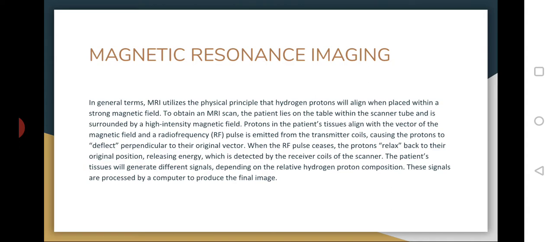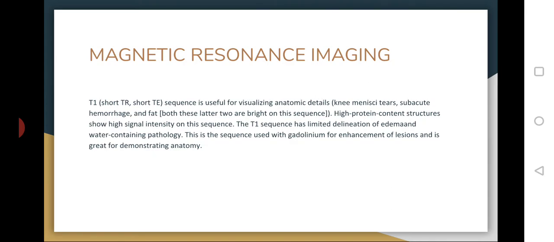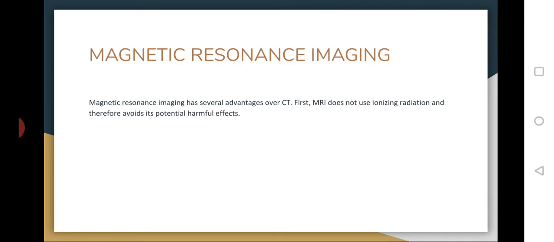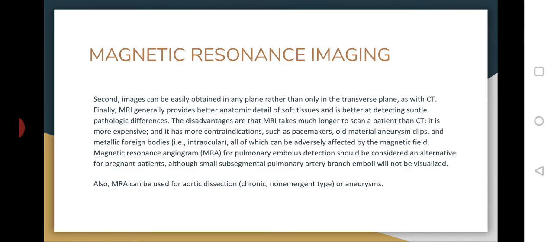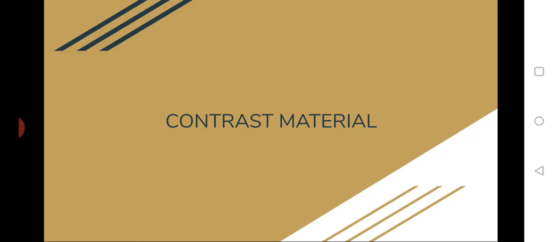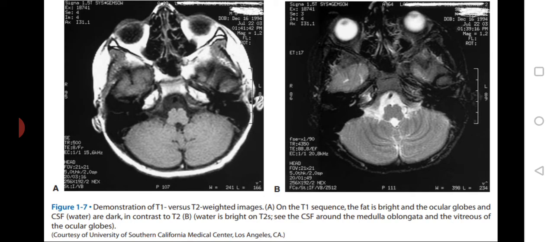The biggest problems with magnetic resonance: there are three. First, it's very expensive. Second, it's slow. And third, it is not very good at showing bones. When we want to show the bones, the best is the CT scan.